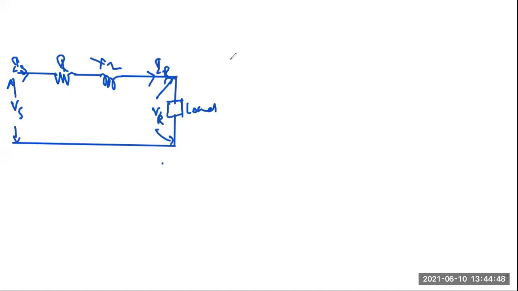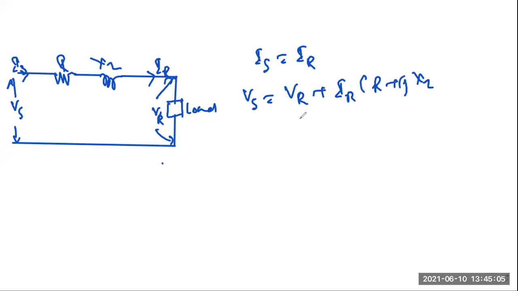So from this network, we can write Is equal to IR. This is the first equation. The second equation is Vs equal to VR, the receiving end voltage, plus IR into R plus JXL, which we can write as VR plus IR into Z. These are the two basic equations for the short transmission line.